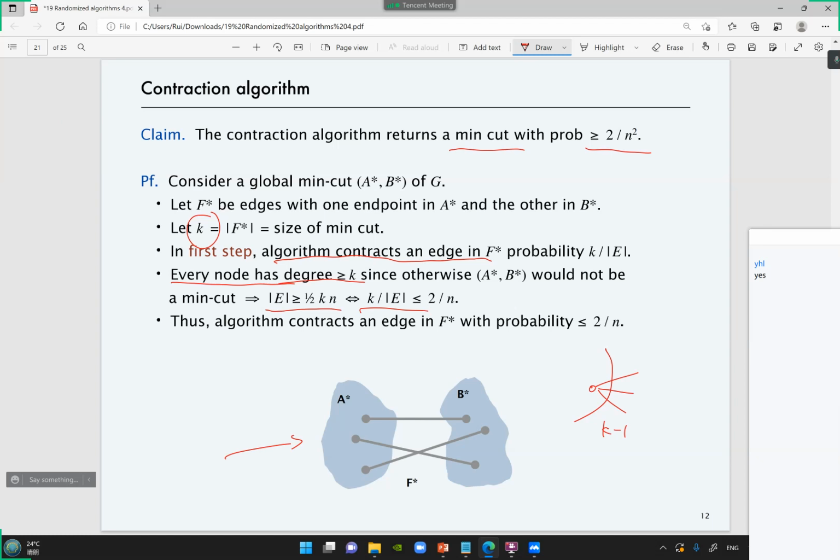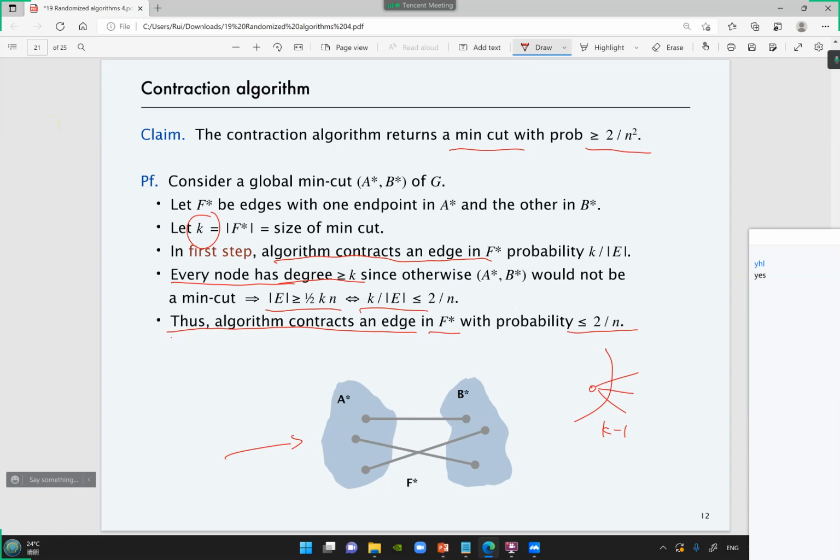And so that means that in this first step, where you have E edges and a cut of size k, the algorithm contracts a min-cut edge with probability at most 2 divided by n.